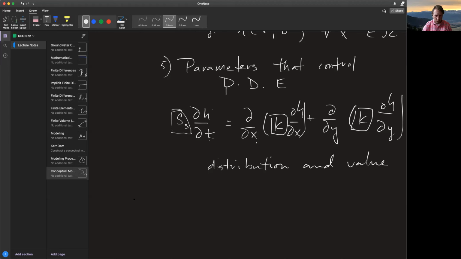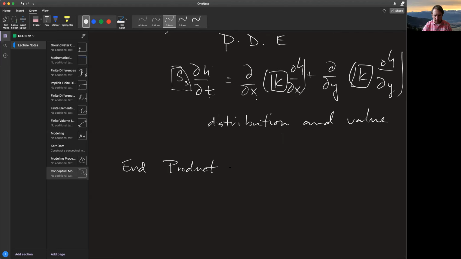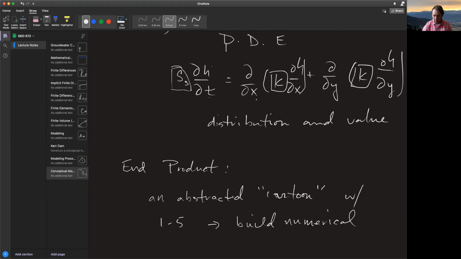So the end product we want is an abstracted, we call it a cartoon, that contains all these ingredients, 1 through 5, and that we can use to build a numerical model and make the calculations we need.